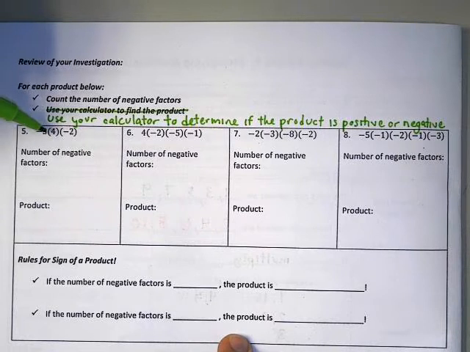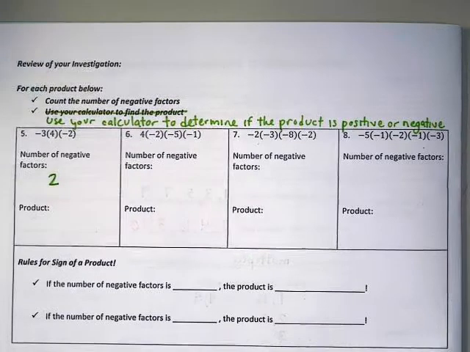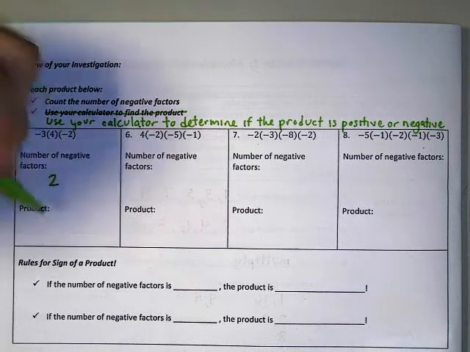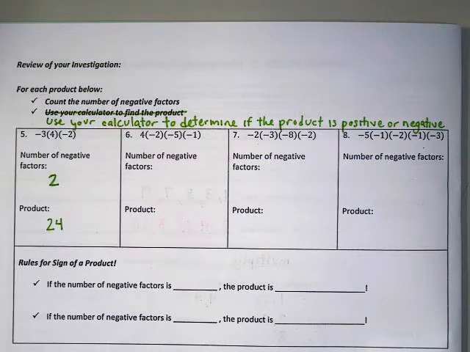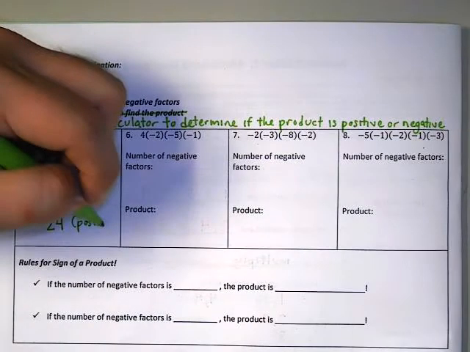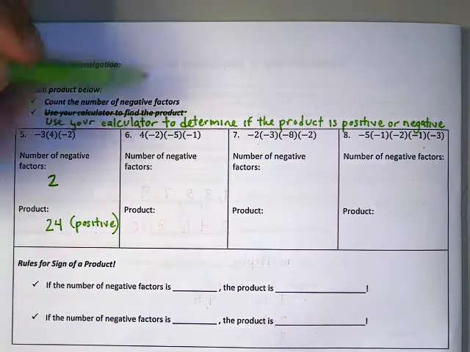Okay, so if I look at 5, how many negatives do I have? I have 2 negative factors. Now, I know if I multiply -3 and 4, I get -12. -12 times -2 is positive 24. Okay? And so I know that that's positive. All right, what if I do number 6?